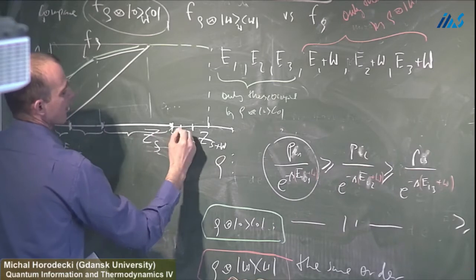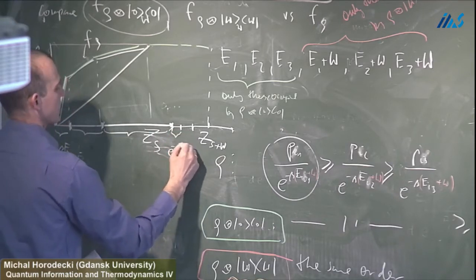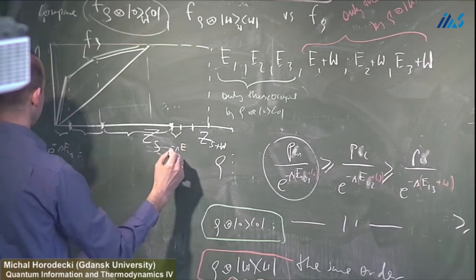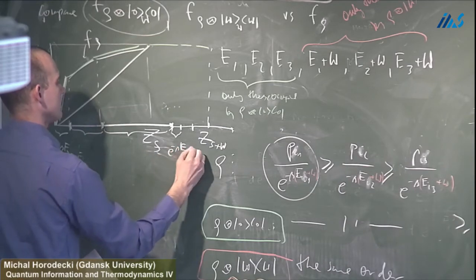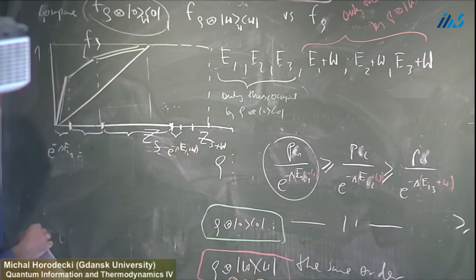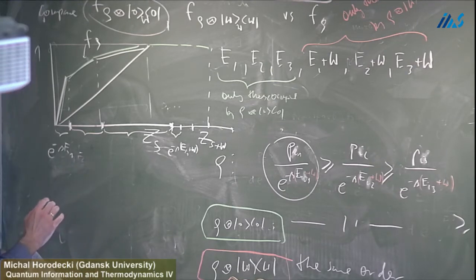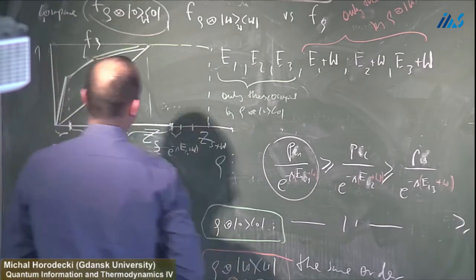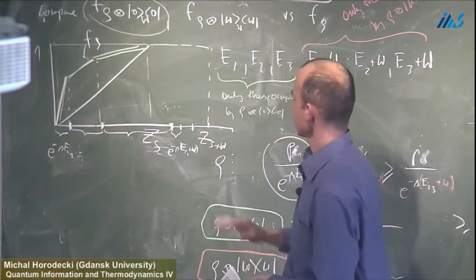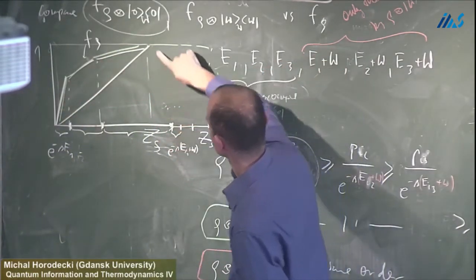And then we have E2 minus beta E I1 plus W. But I should finish here.